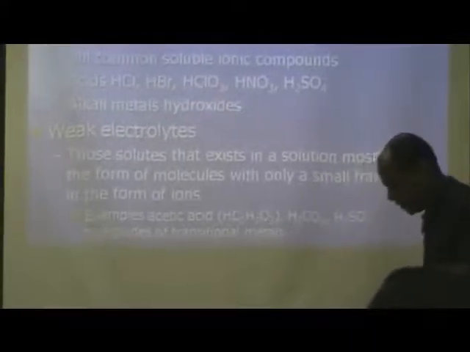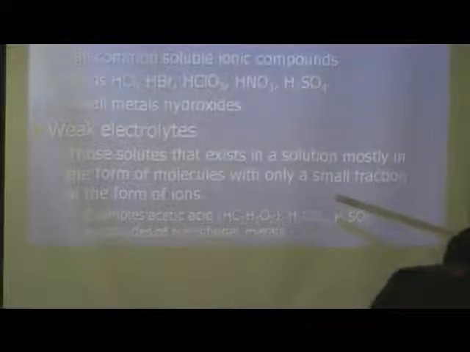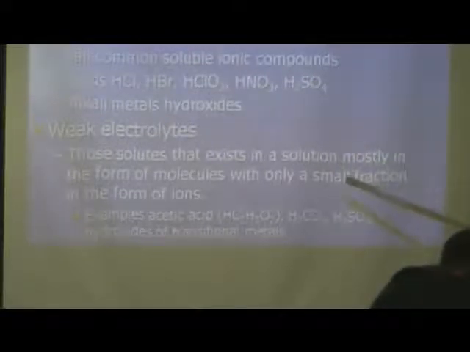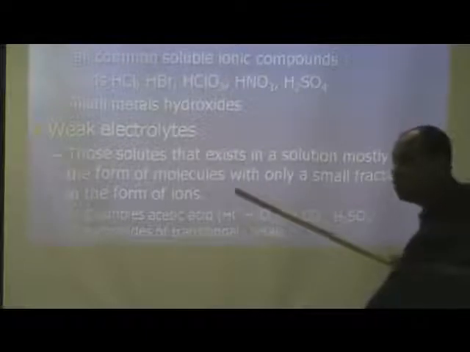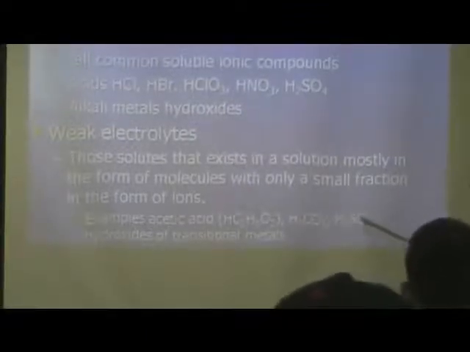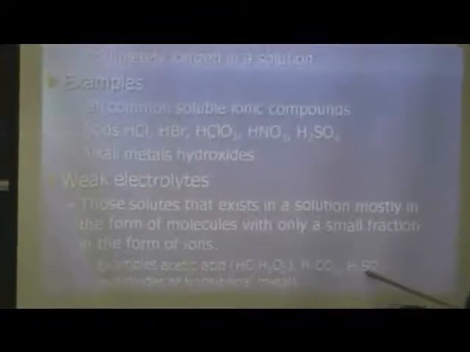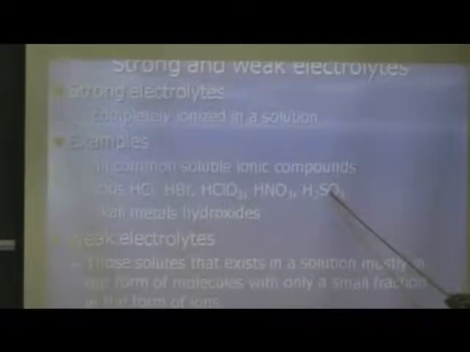Sulfite has one less oxygen than sulfate. But it's not just taking away one oxygen, it also has a characteristic: this is a weak acid and weak electrolyte, whereas this is a strong electrolyte.